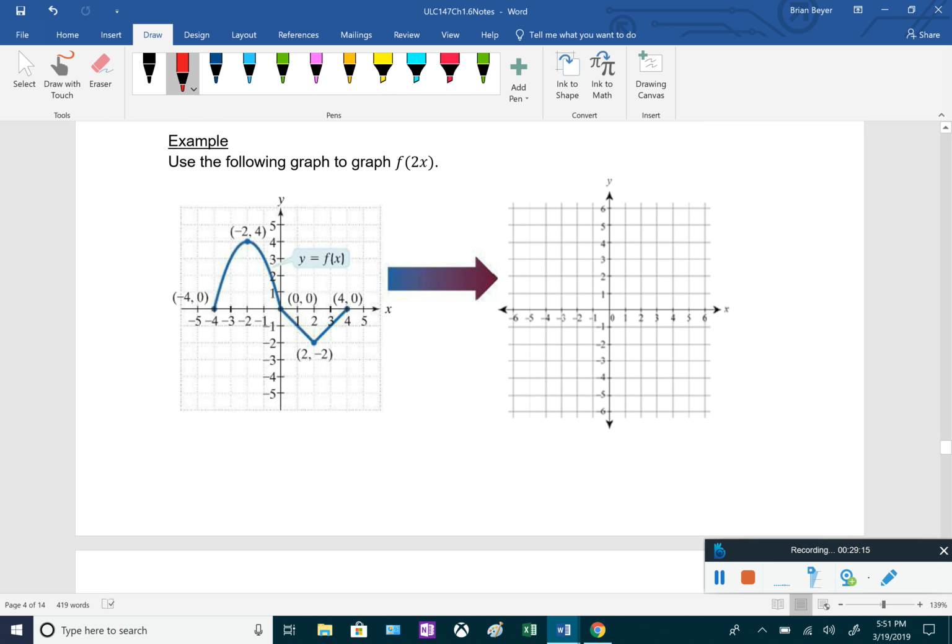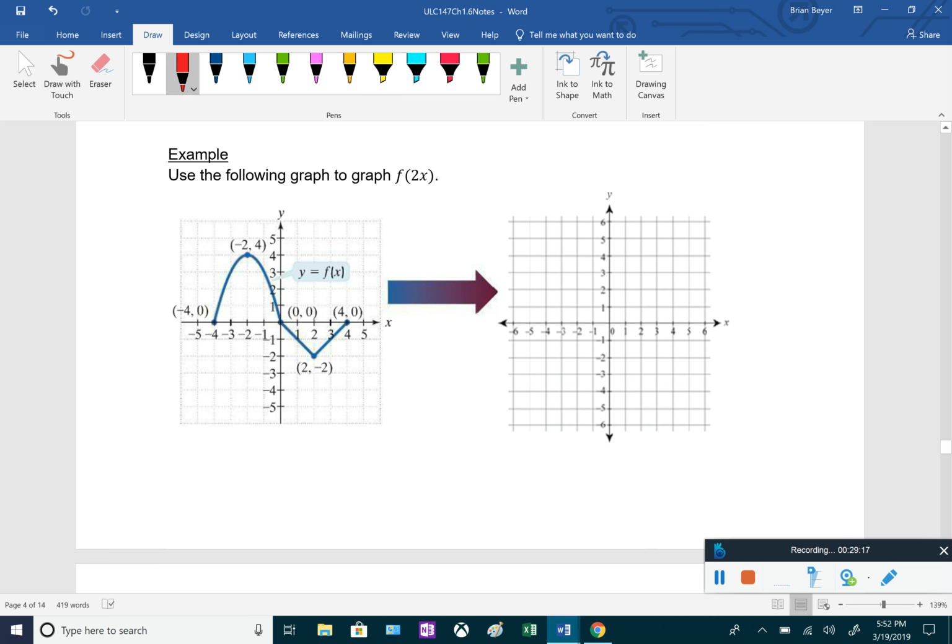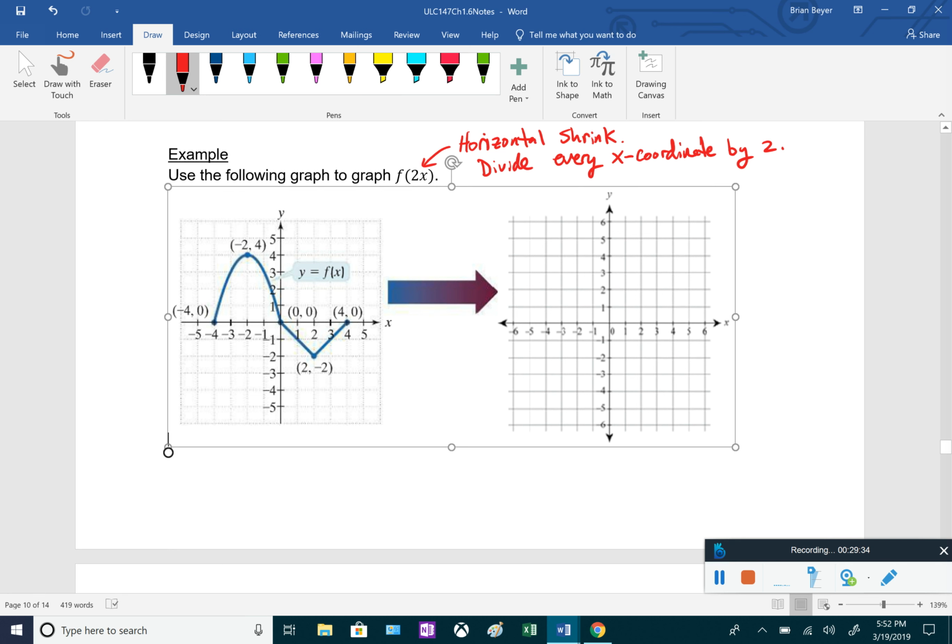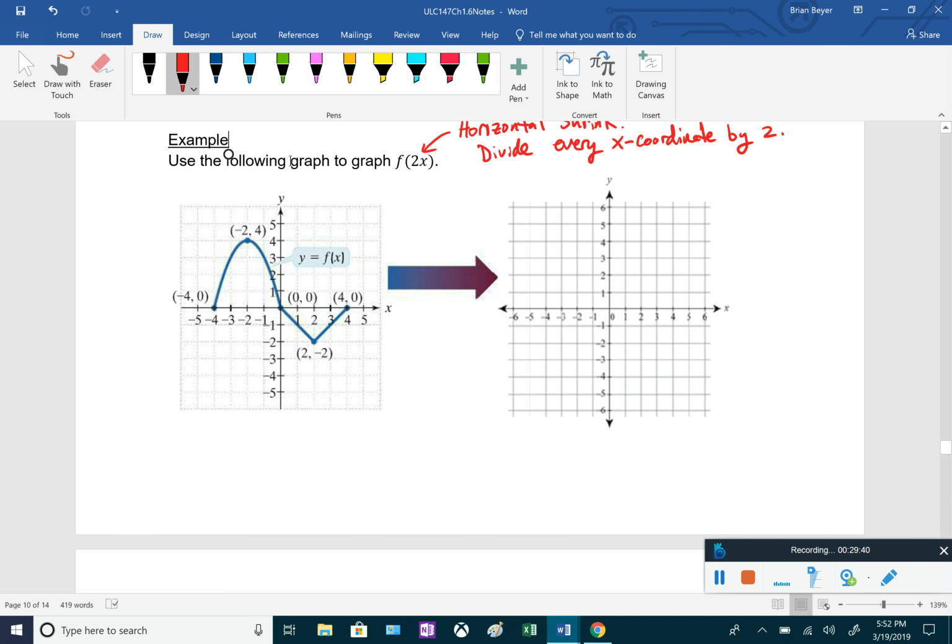So f of 2x, based on what we have written on this page, we know that this is going to be a horizontal shrink because the c value here is 2, which is greater than 1, which means we divide every x coordinate from f of x by 2. Okay, so starting with the leftmost coordinates here, we have -4, 0 all the way over here.